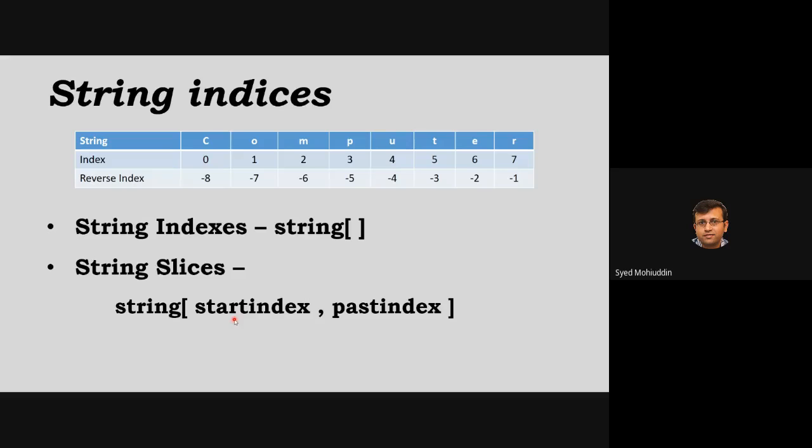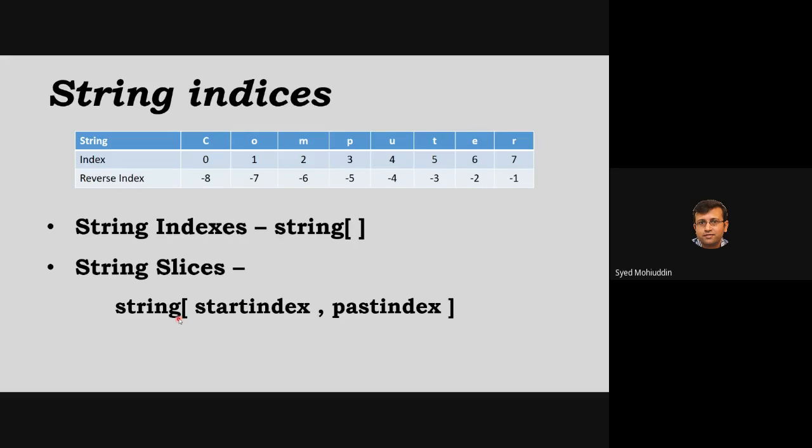So what this start index and past index means is, suppose let us take string of 0, 3. So 0 is the start index, and 3 is the past index. This past index means we need to go till past index minus 1.